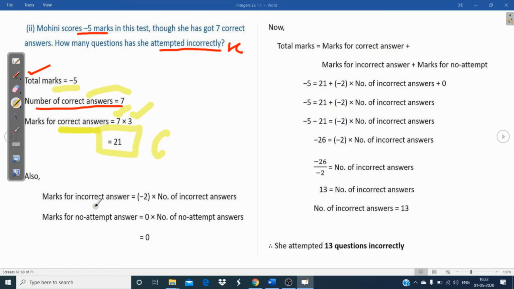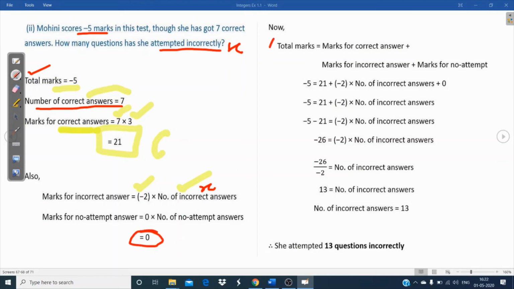Now, marks from incorrect answers: minus 2 for every question. If you answer wrongly, you get minus 2 marks. And the number of incorrect answers you need to find out, so you can take it as x also. Now marks for non-attempt is 0 marks into whatever the number of questions, you will get 0 only.